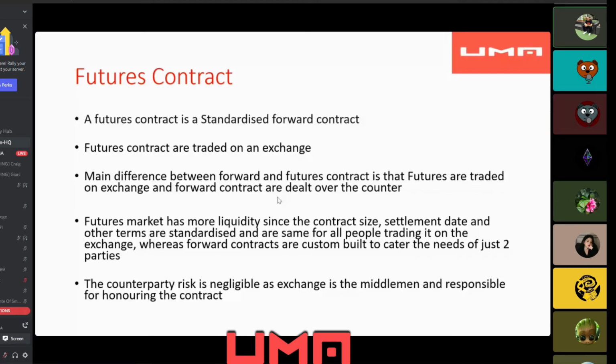In futures, if someone fails to meet margin requirements, the exchange has procedures in place to prevent counterparty risk, keep the contracts valid, and make sure all the contracts are fulfilled. That is the reason futures contracts have very negligible counterparty risk compared to forward contracts.